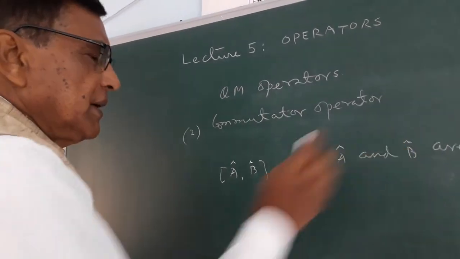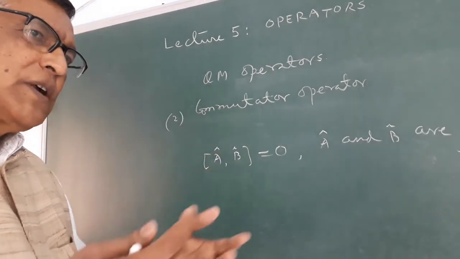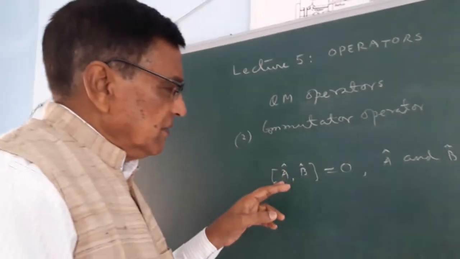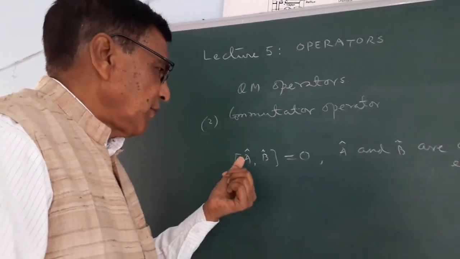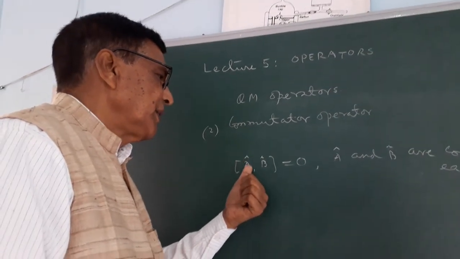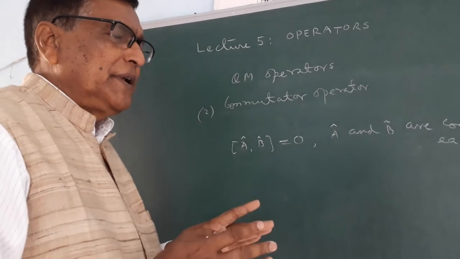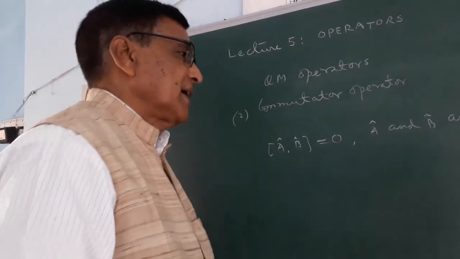A cap represents one physical property, B cap represents another physical property. If these two are linear, then whenever this condition is obeyed, the properties the operators represent are determined accurately and simultaneously without any error.